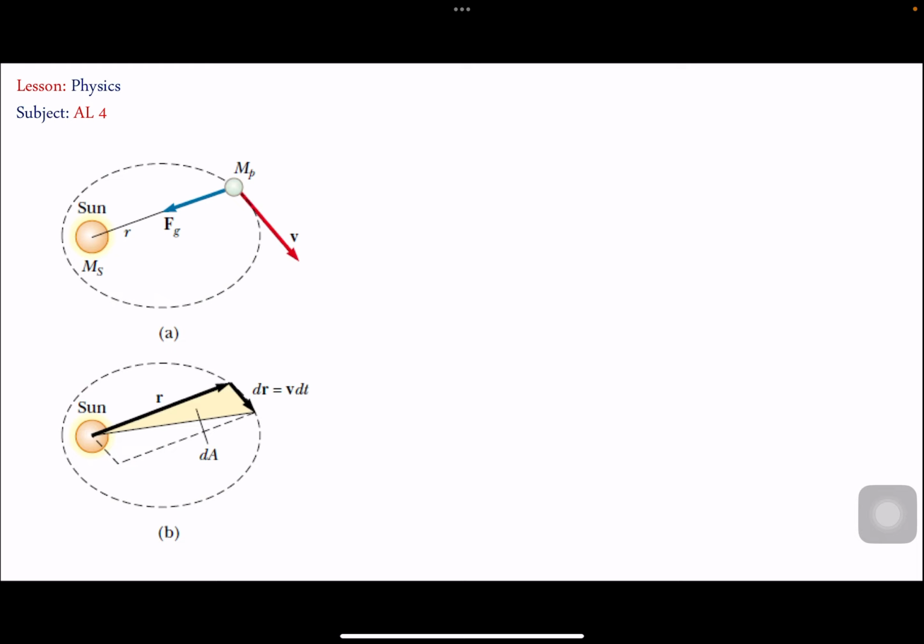And now we'll try to understand the second law that was derived by Kepler. Second law. First of all, I'd like to say that the torque that we covered in ninth grade is equal to force times distance. Our force is gravitational force, and the distance is r. But since they are parallel, the torque is equal to 0. So the gravitational force times r equals 0, and that equals the torque.